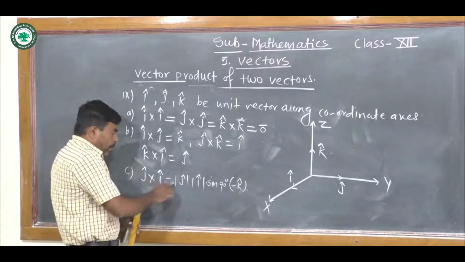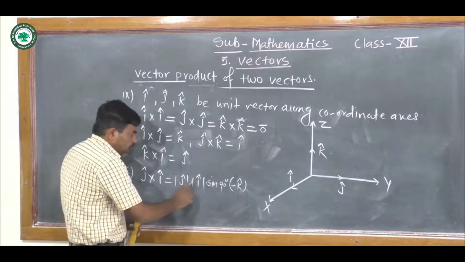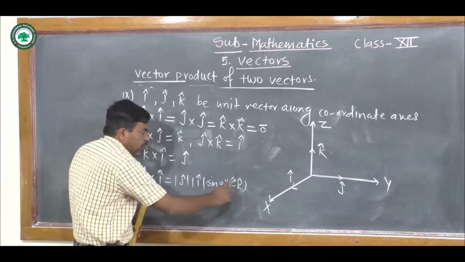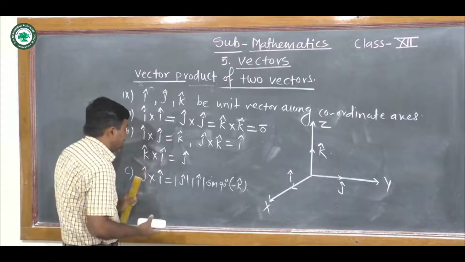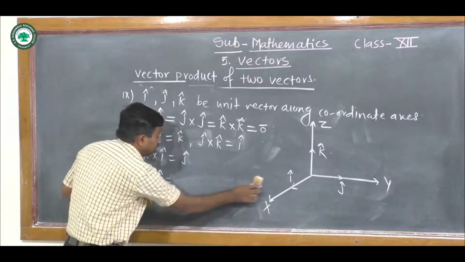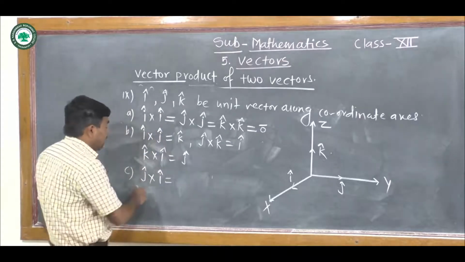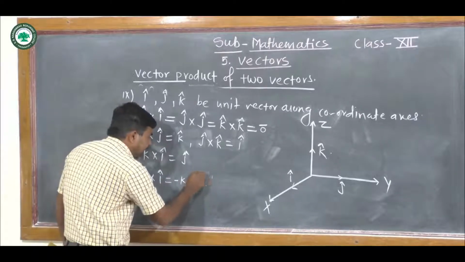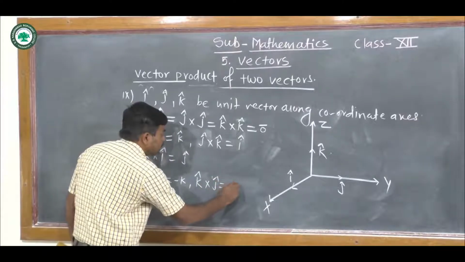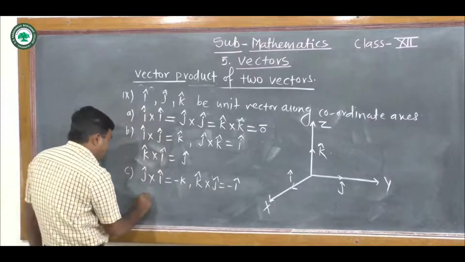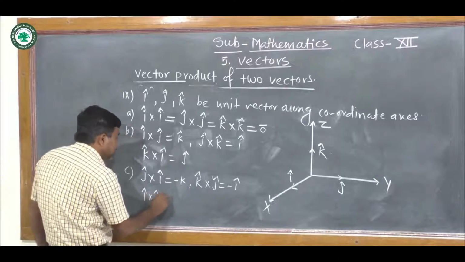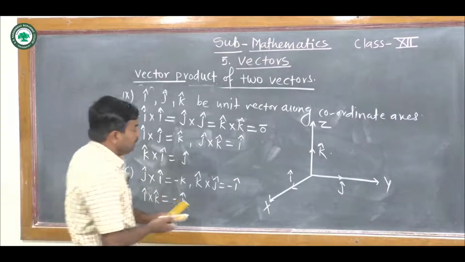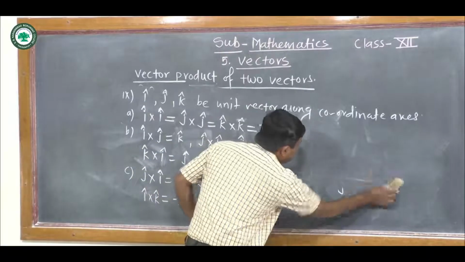So it is 1 into 1, sine of 90 degrees is also 1, and 1 into minus k cap is minus k cap. So j cap cross i cap is minus k cap. Similarly, k cap cross j cap is equal to minus i cap, and i cap cross k cap is equal to minus j cap. Or this can be illustrated by one figure.